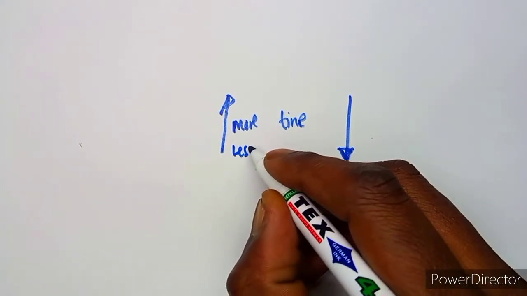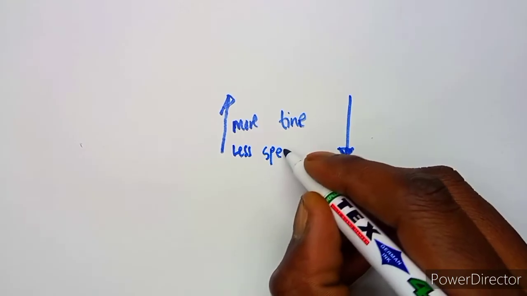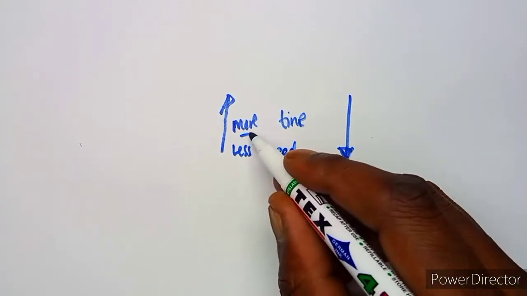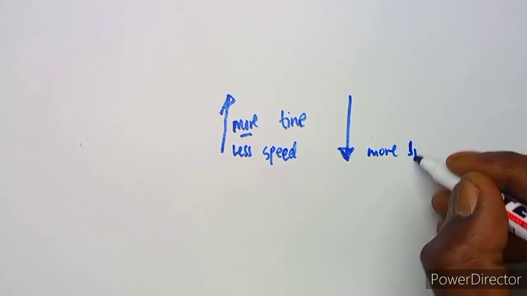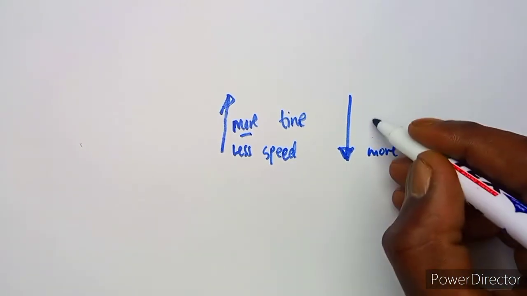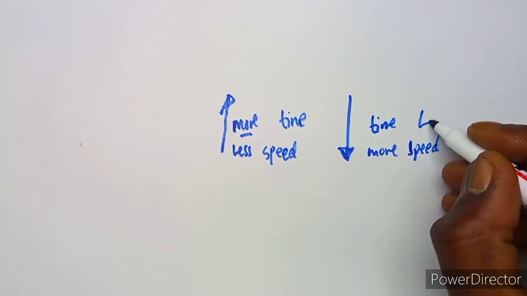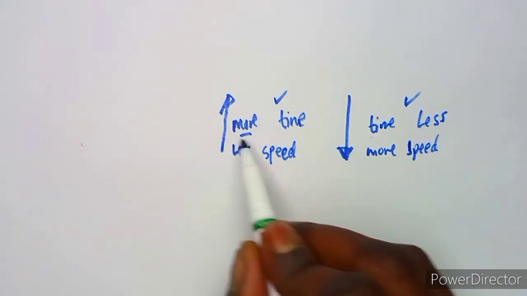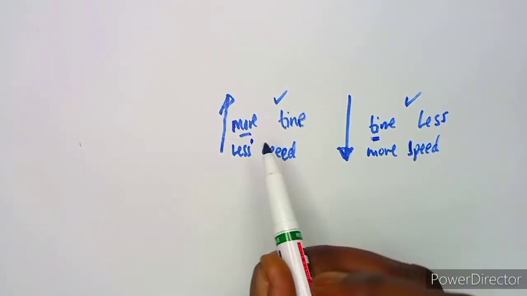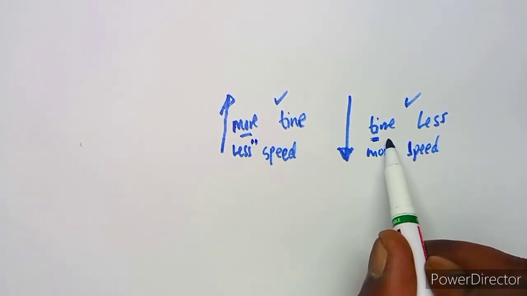Here there was less speed, which means the time is going to be more. Here the speed was more, which means the time is going to be less. So if this is more and this is less, we are going to subtract, that is the more time minus the lesser time.